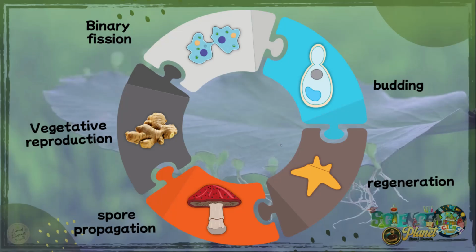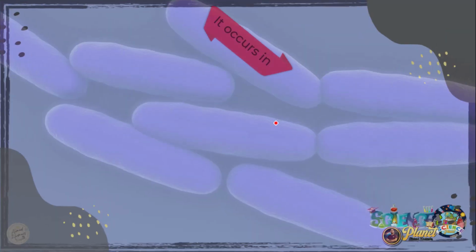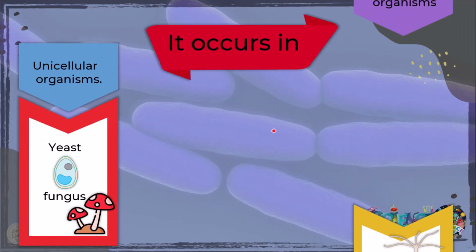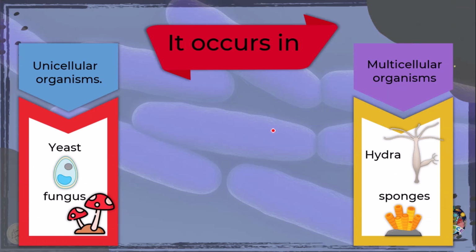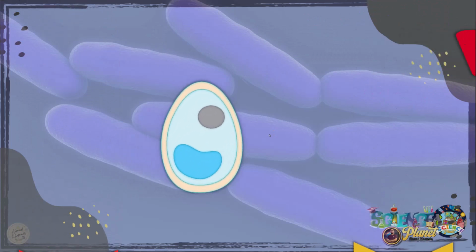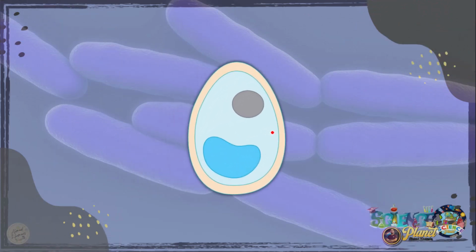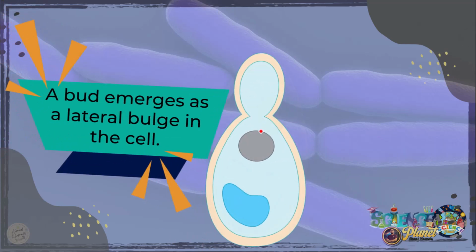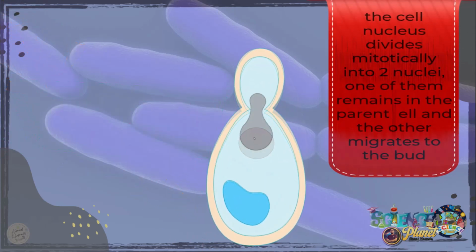The second type is budding, and budding occurs in unicellular organisms like yeast and fungus, and multicellular organisms like hydra and sponge. And how it happens is that when the yeast starts to reproduce, a bud emerges from the cell, and the nucleus divides into two.